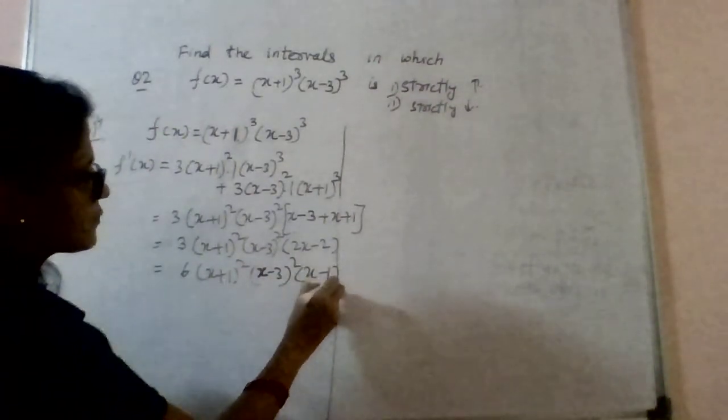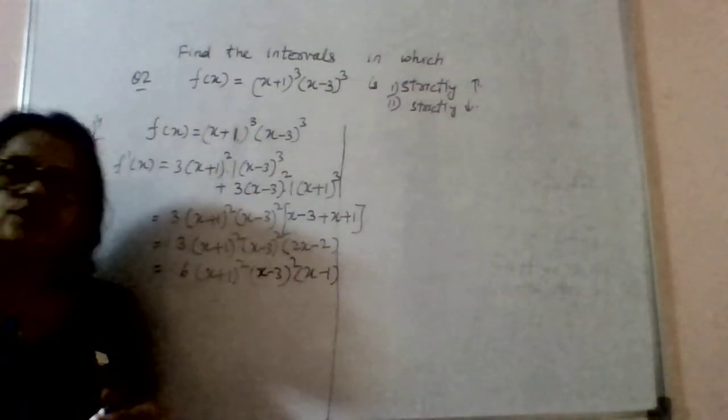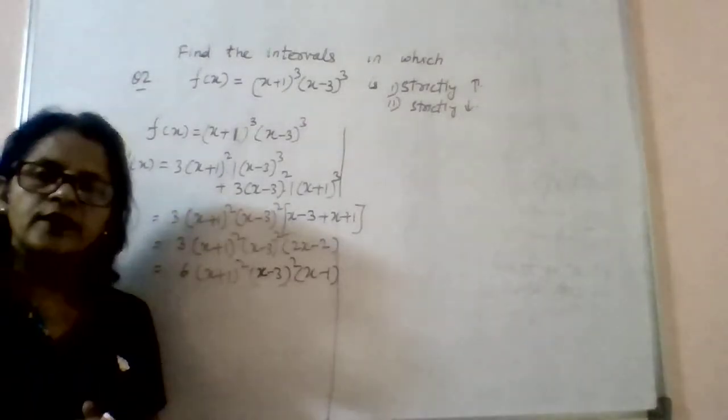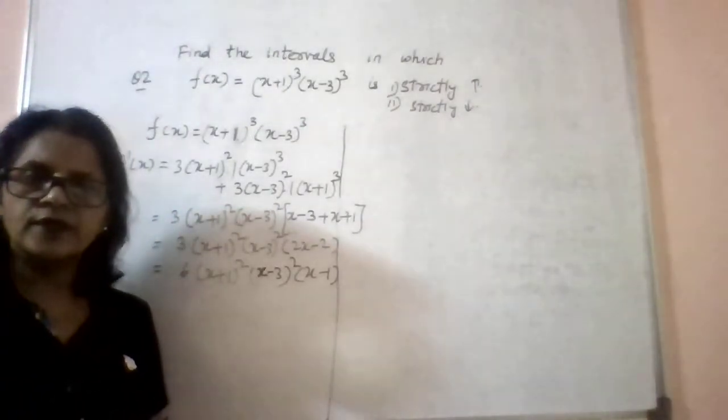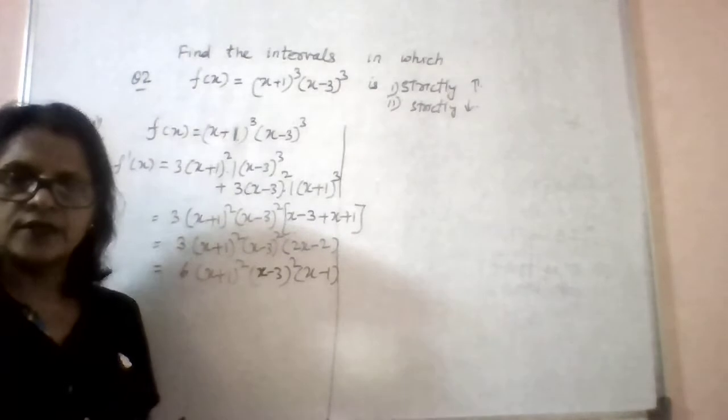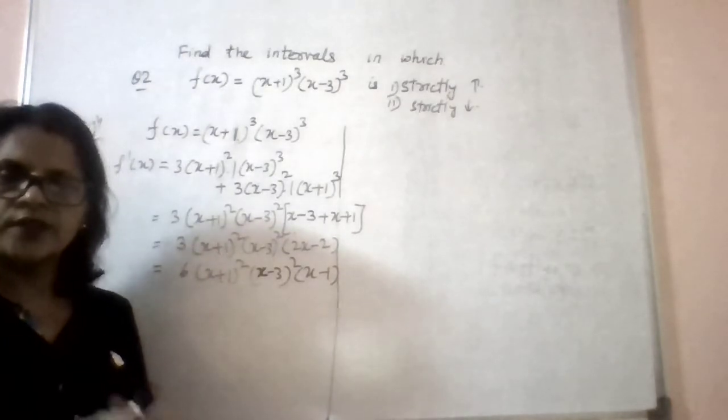It means 6 into x plus 1 whole square into x minus 3 whole square into x minus 1. Okay, the question is we have to find intervals in which f x is strictly increasing and strictly decreasing, means f dash x greater than 0, f dash x less than 0.